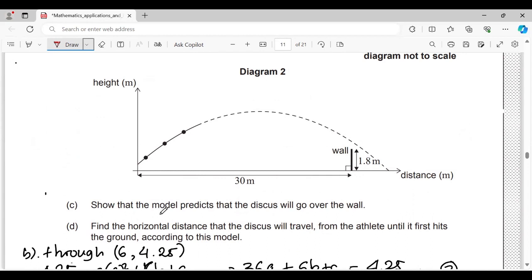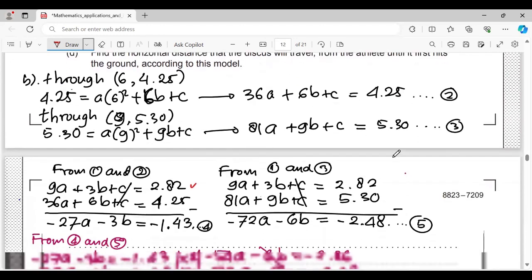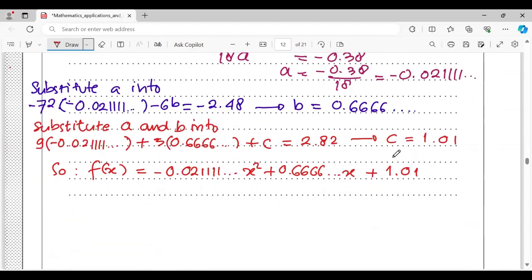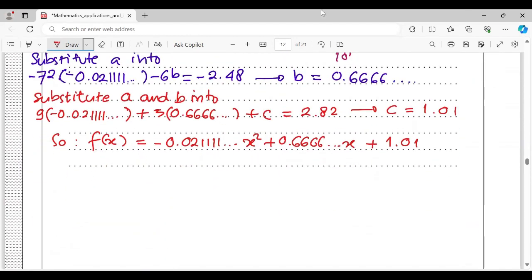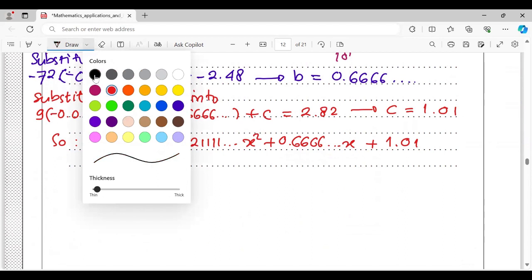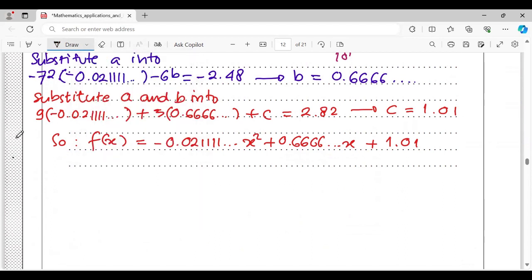C. Show that the model predicts that the discus will go over the wall. I will change to a different color.